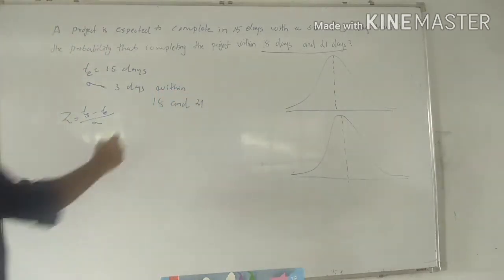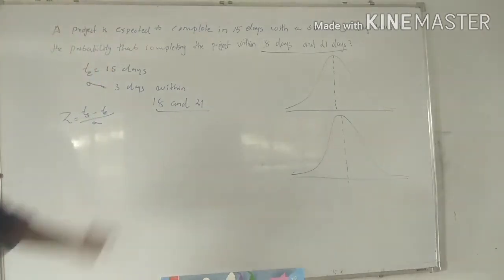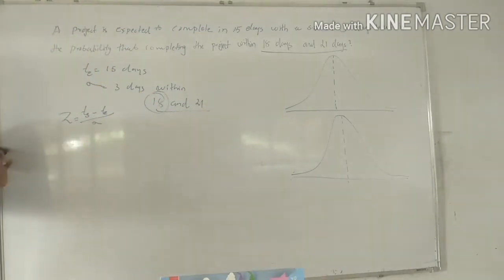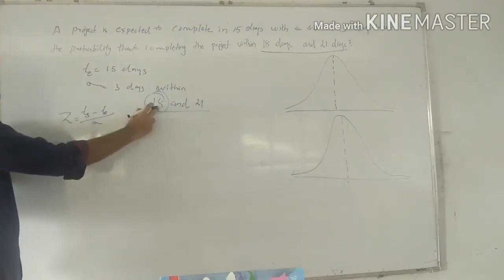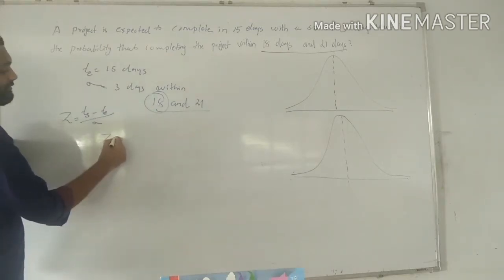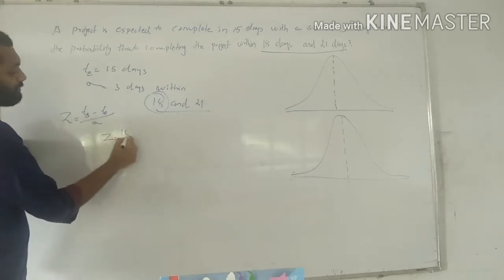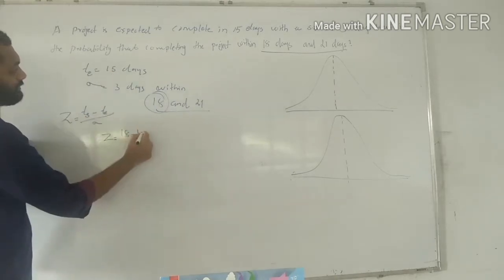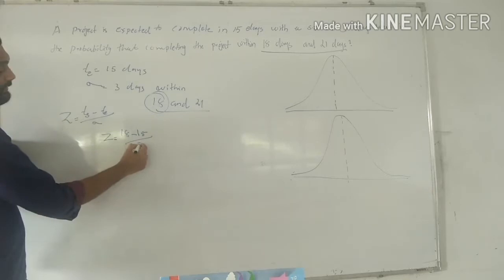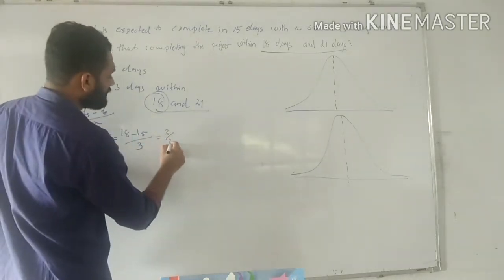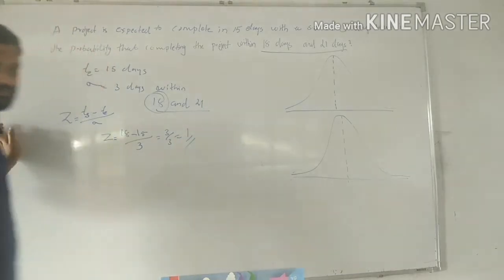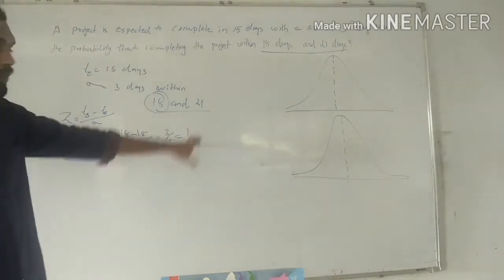When the scheduled value is 18, Z is equal to 18 minus 15 divided by 3, that is 3 by 3, which is equal to 1. The z value is equal to 1.